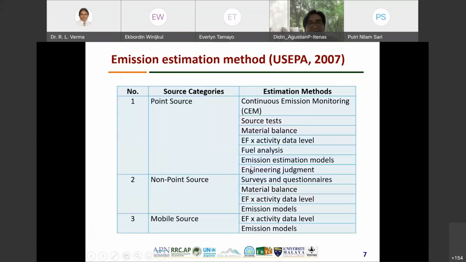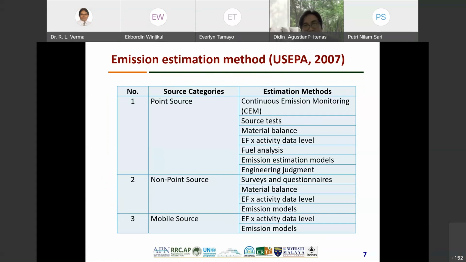Okay, sorry. For emission estimation, US EPA provides guidance for the estimation methods. Different emission inventory guidebooks or manuals arrange these estimation methods in tier levels.